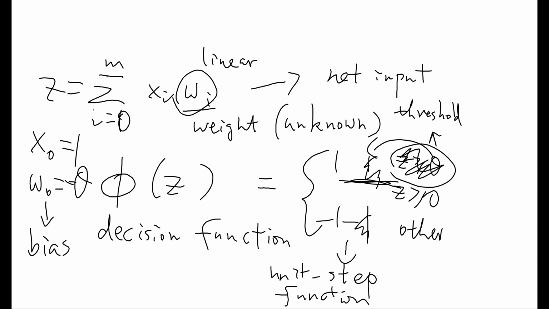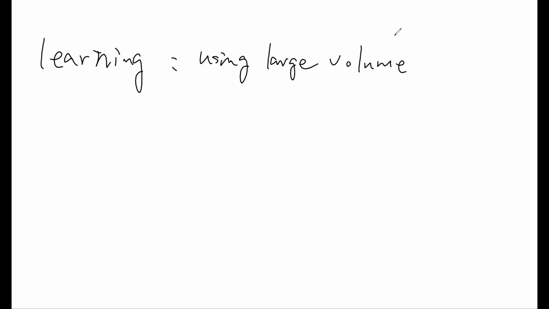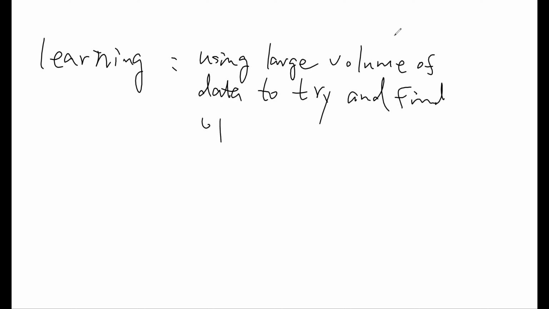So how do we find the optimal weights? That's where the learning concept comes in. Learning is using a large volume of data to try and find the optimal weights.